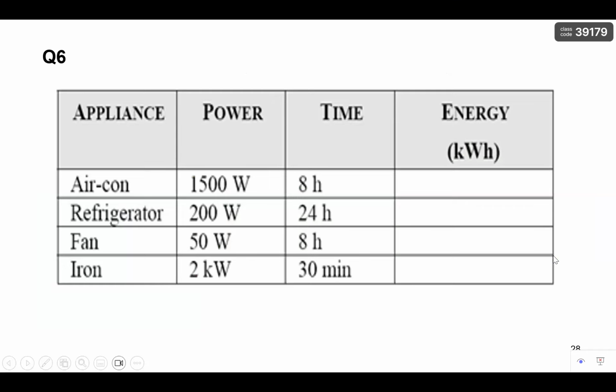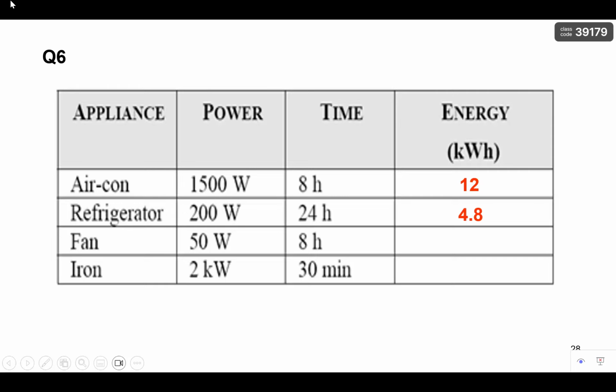In this first case, I have an aircon with a power of 1,500 watts. I switch it on for 8 hours. So the amount of energy that I use in kilowatt hours will be 1.5 kilowatts times 8 hours. I will get 12. Next one, I will have 200 watts, which is 0.2 kilowatts, times 24 hours. I get 4.8 kilowatt hours.